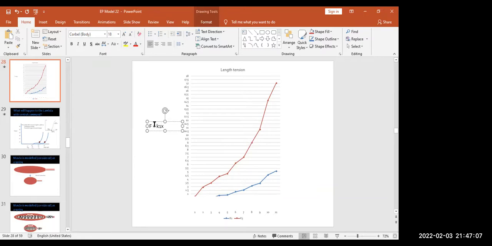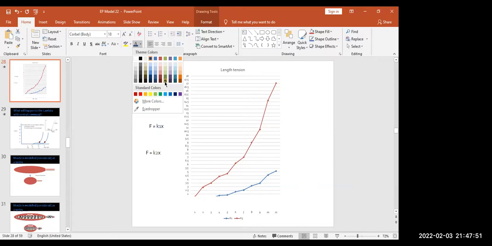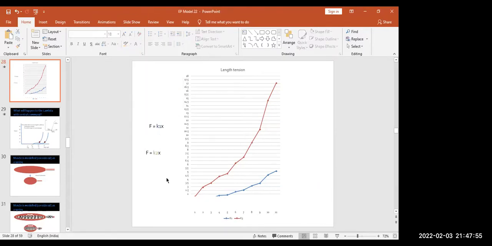Let's call it K1. So the equation for this is F equals K1x, and the equation for the second one is F equals K2x.